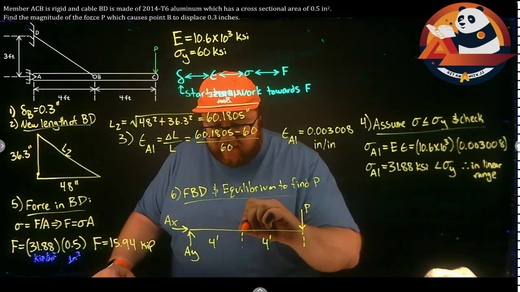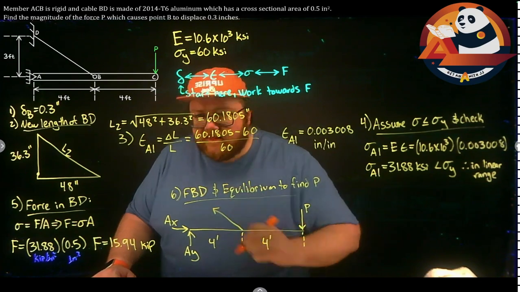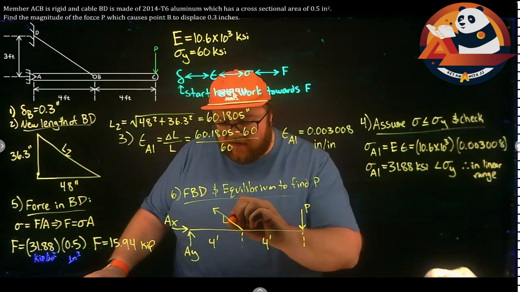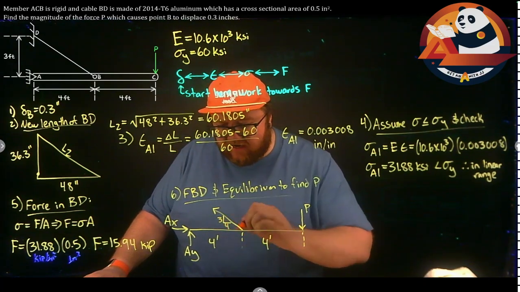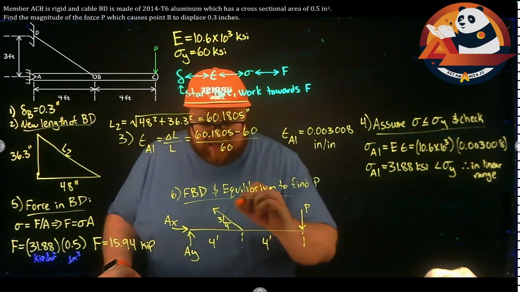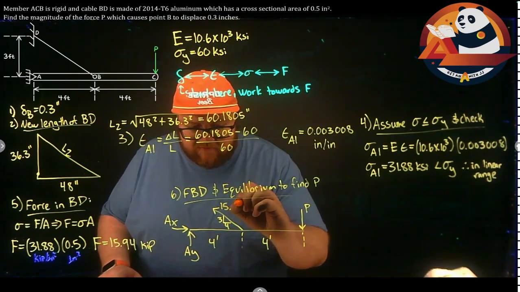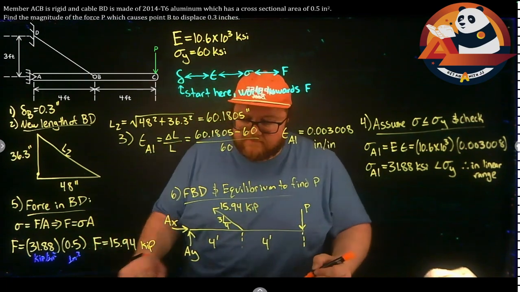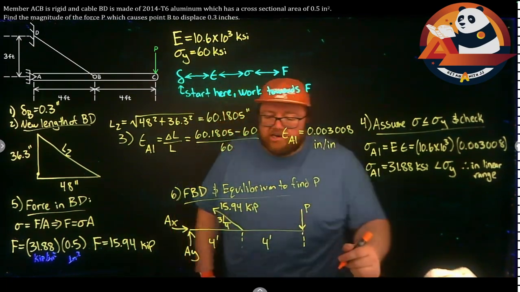And right here, I have my cable. That cable goes over 4 and up 3. This is a 3, 4, 5 triangle. But my force in here, I just found was 15.94, 15.94 kips.